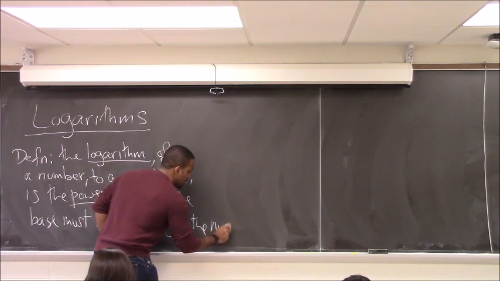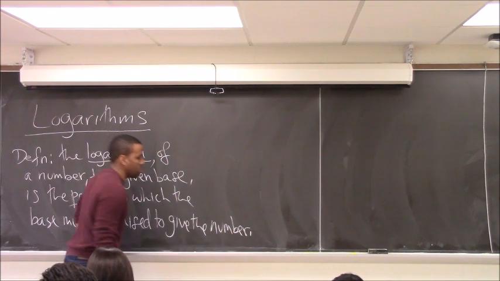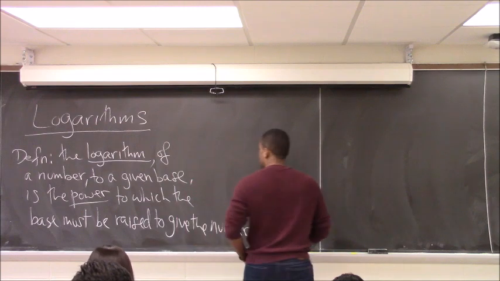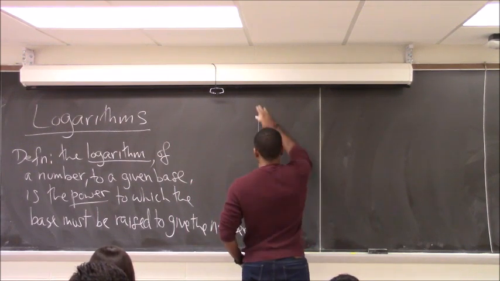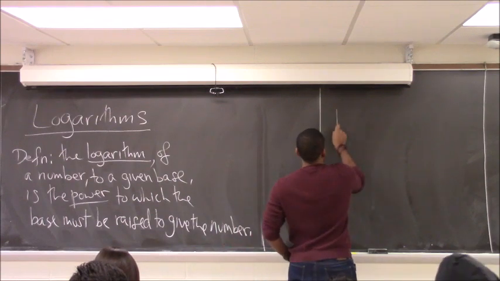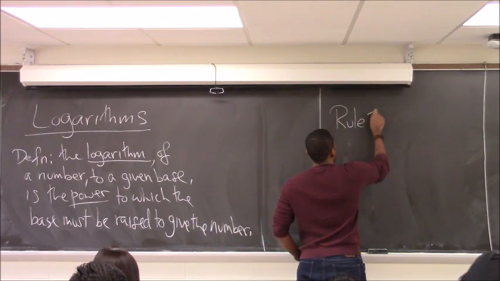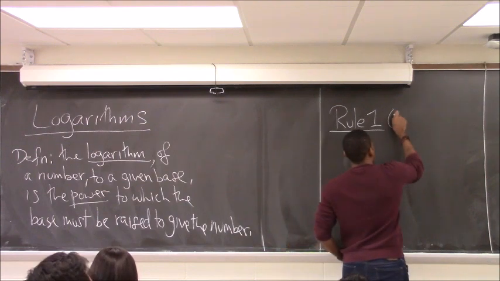So it's actually just another way of thinking of an exponential equation. In fact, I can write this definition as a rule. So we'll call rule 1 of logarithms the definition and notation.